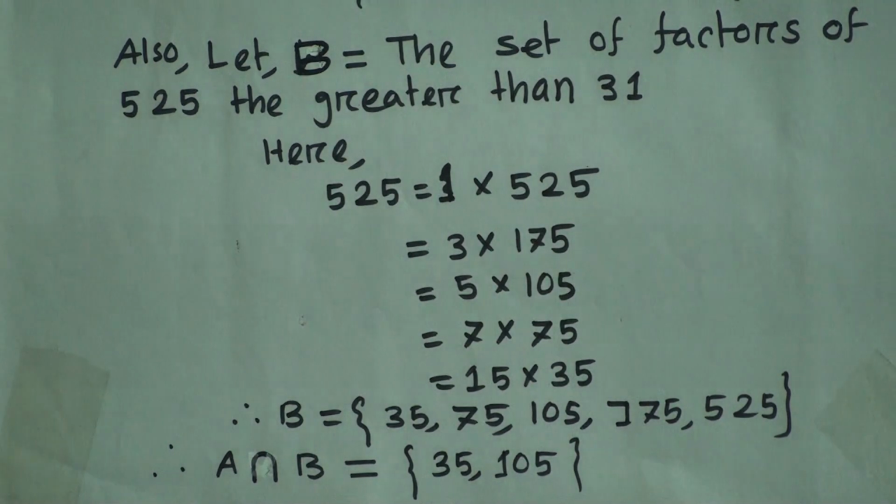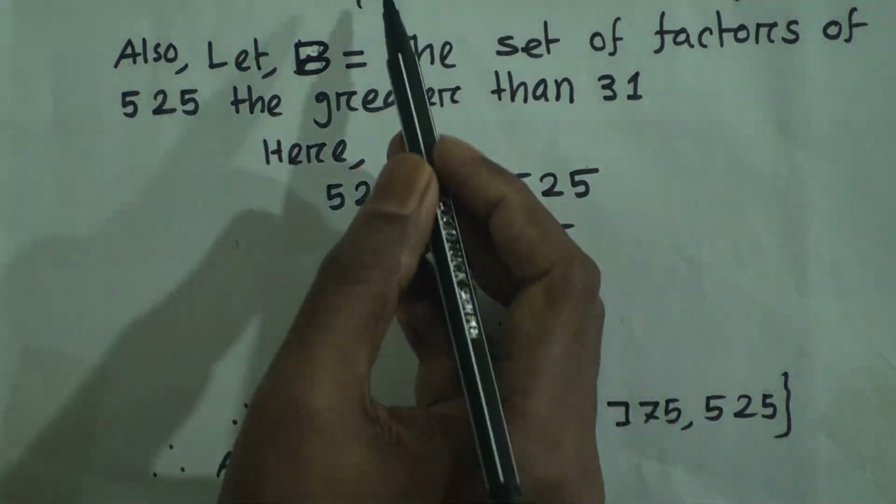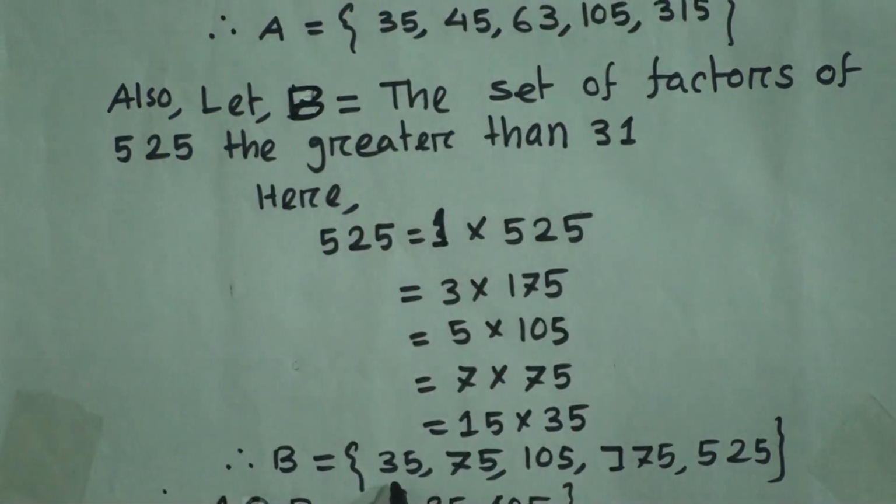So, to determine the natural numbers that divide both 346 and 556 to have 31 as residue, we have to determine the common set of 315 and 525. Between set A and set B, which one is common? 35 and here is 35.